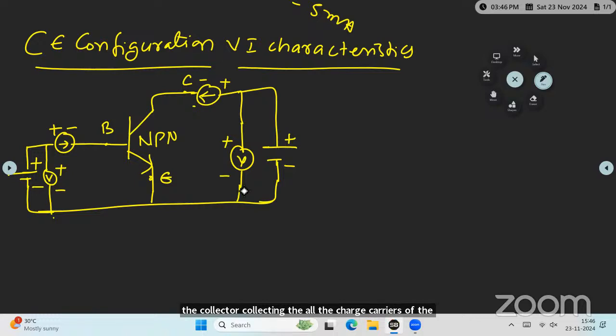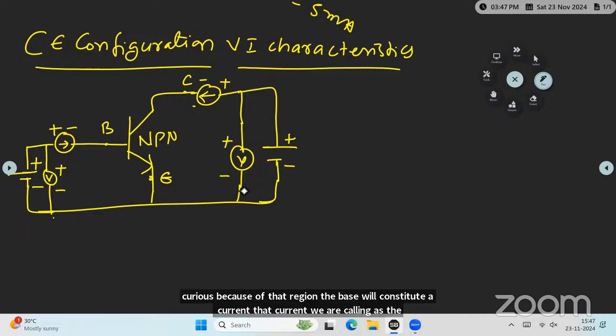Now, of the 100% of electrons crossing in the n type, that is the emitter, 2 to 5% of electrons recombine with the base charge carriers. Because of that, the base constitutes a current. That current we call the base current IB.